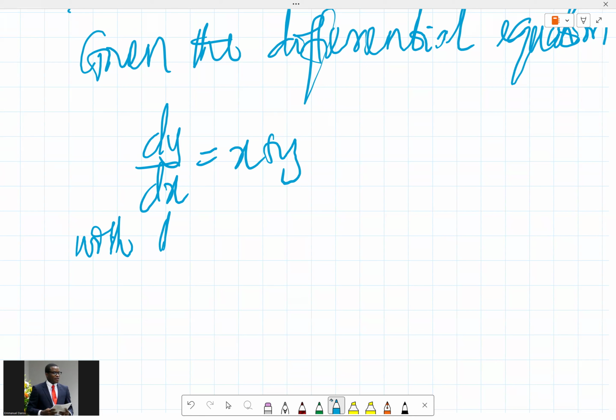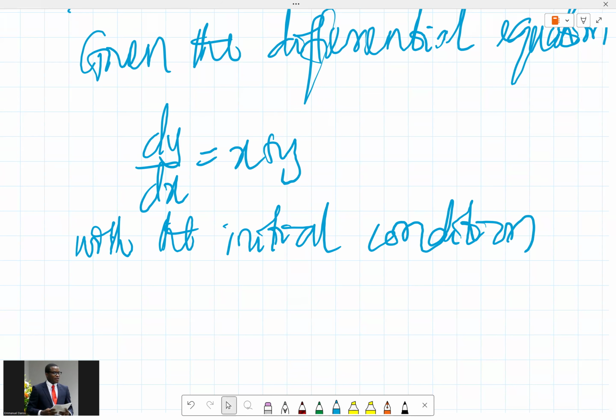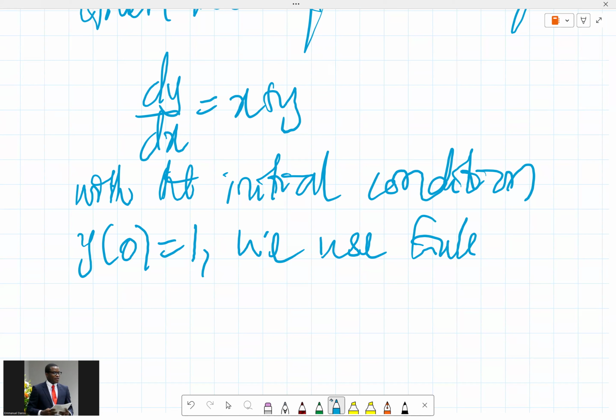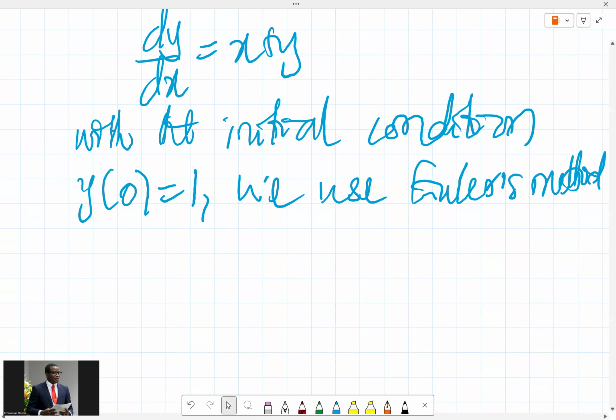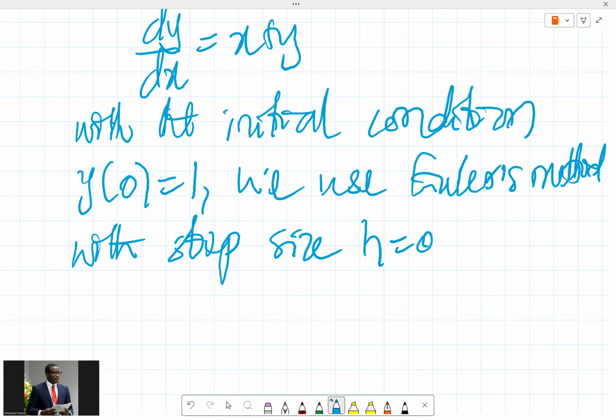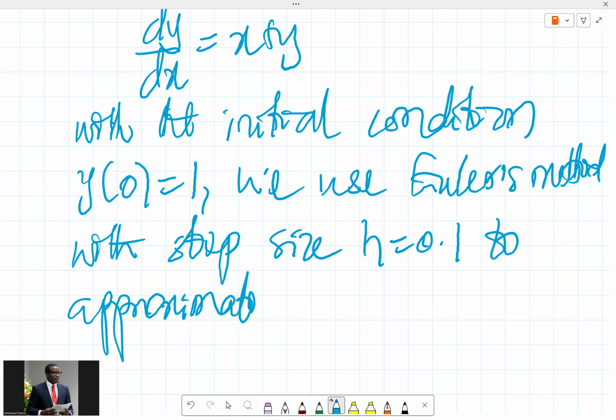With the initial condition y of 0 equals 1, we use Euler's method with step size h equals 0.1 to approximate values of y.